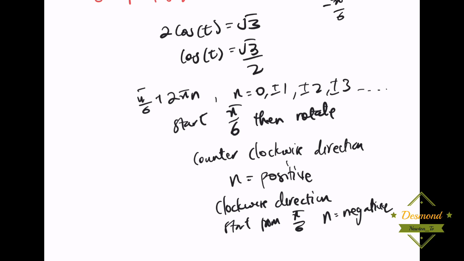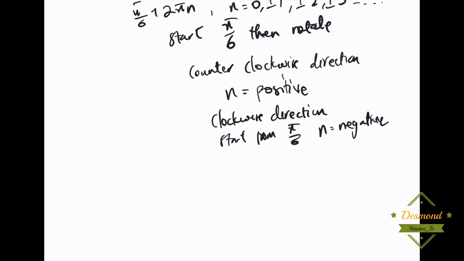The same thing can be done for the second solution as well. So altogether, the complete solution for this problem is pi on 6 plus 2 pi n, where n is 0, plus or minus 1, plus or minus 2, plus or minus 3, and so on.